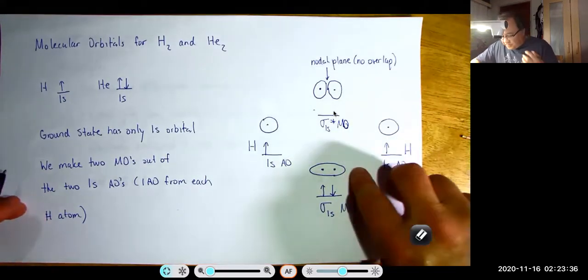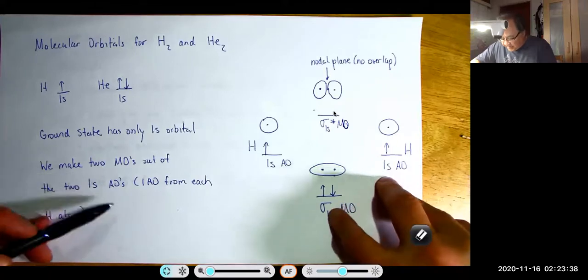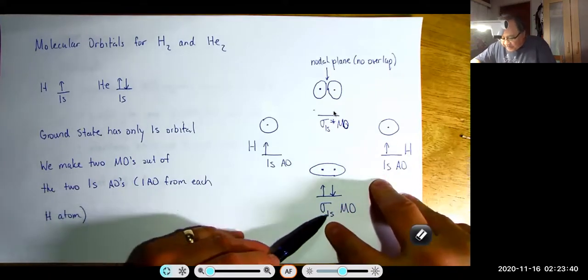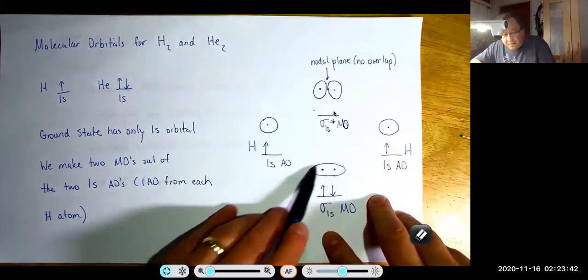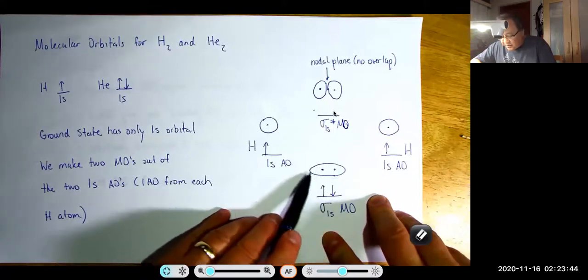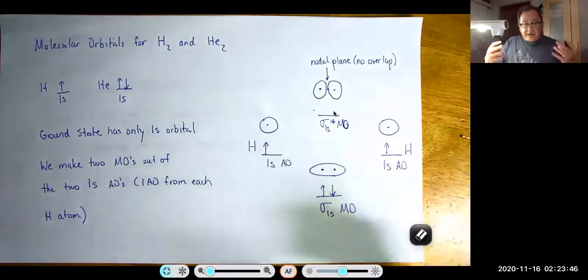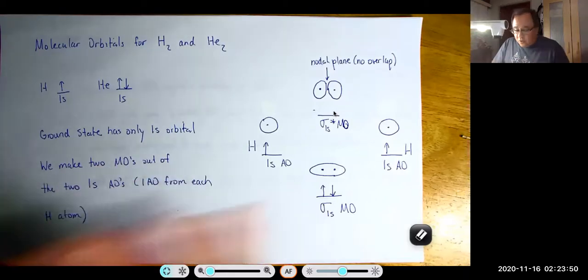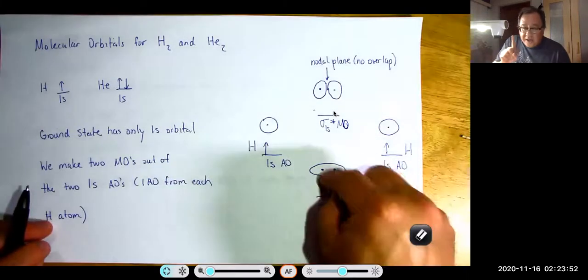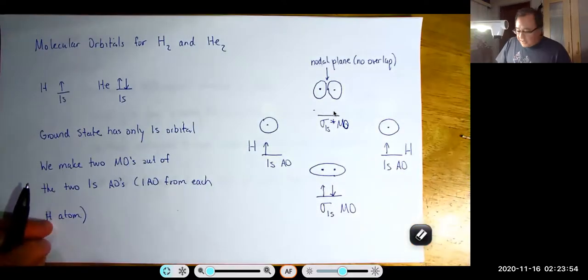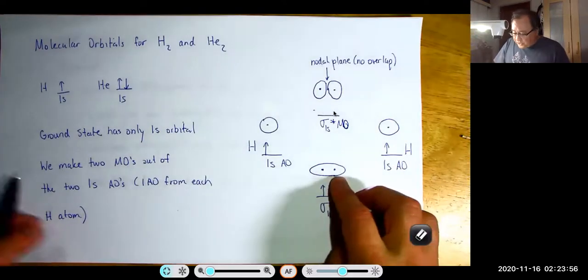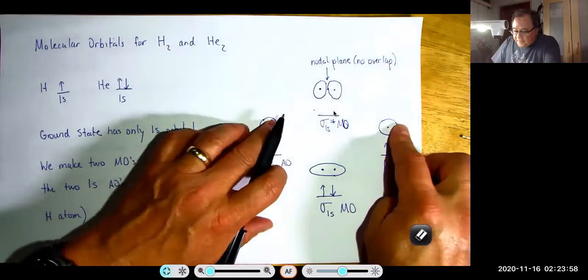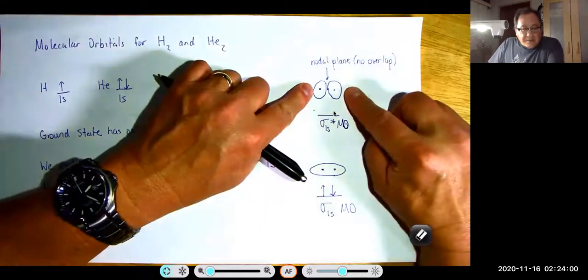The other thing to notice is that we call this a sigma 1s because when you look at the MO, it looks like 2 orbitals that are overlapping, but it's no longer 2 orbitals. That is 1 MO. Now, what happens when these 2 mix and you get the anti-bonding MO?